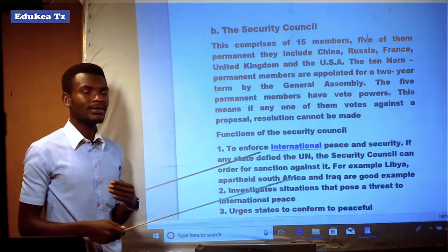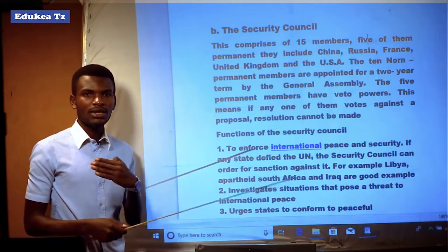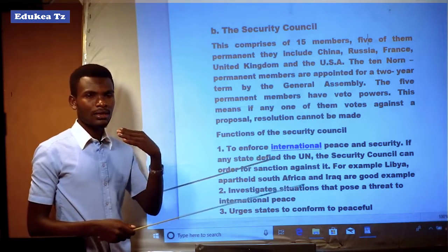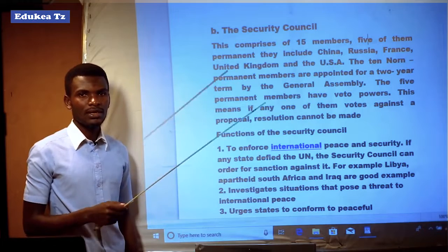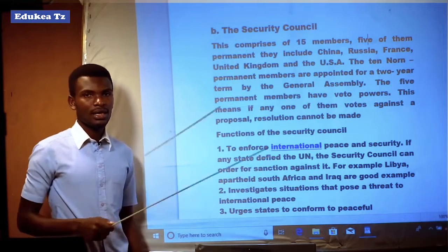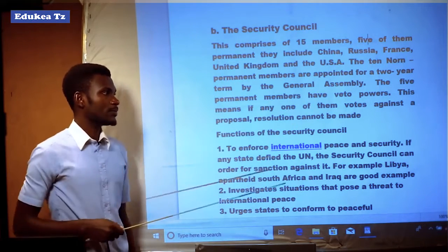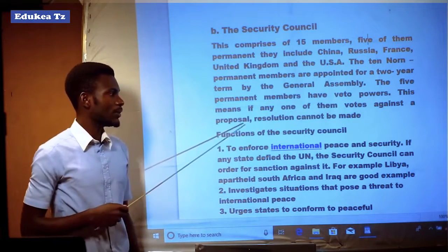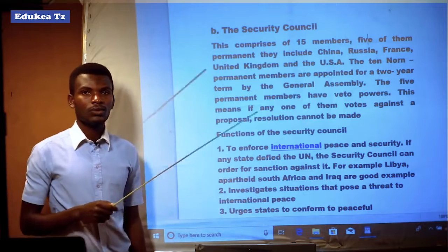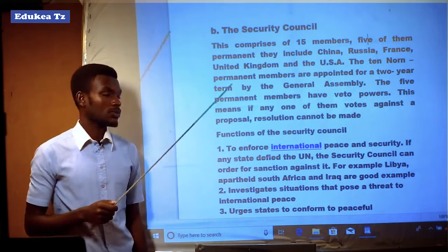The veto power is just like the power to make a decision held within the organization, and nothing can be done if you are against that decision. This means if any one of them votes against a proposal, that is what we mean when we talk about veto power.